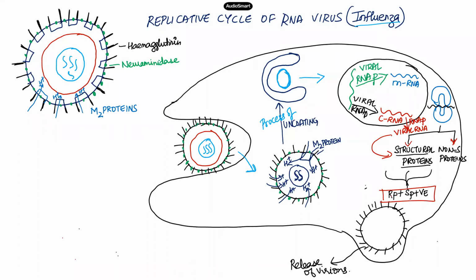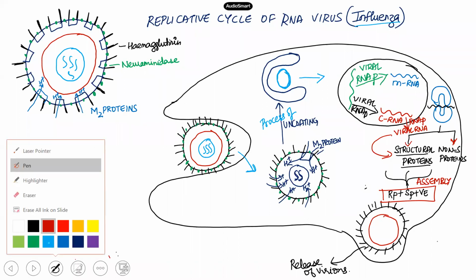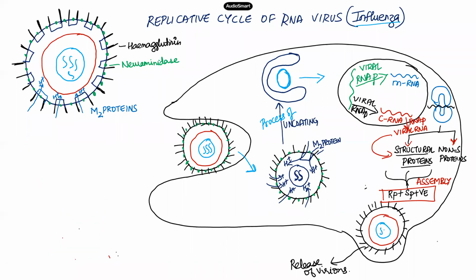Then here is where the assembly of virions takes place, and the end result is your virion with the core genetic material, and then we get the release of virions. Now, another way of producing viral RNA copies is through complementary RNA.